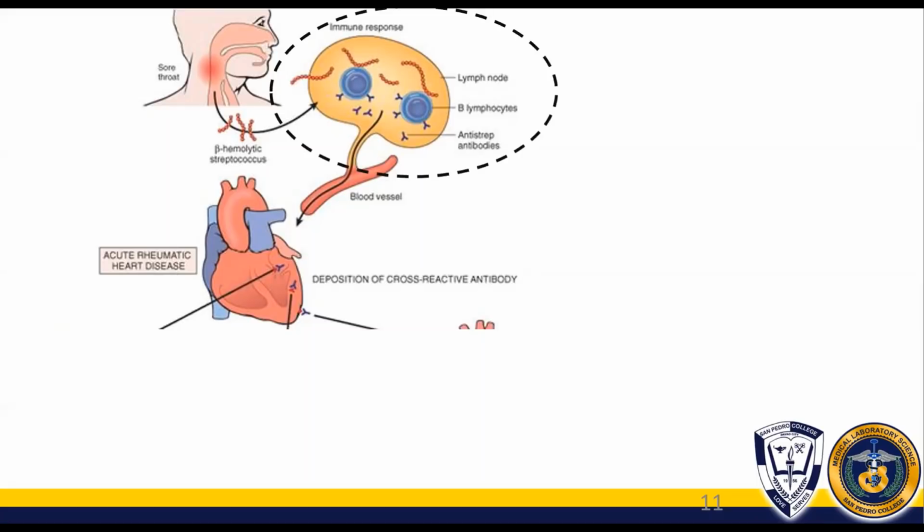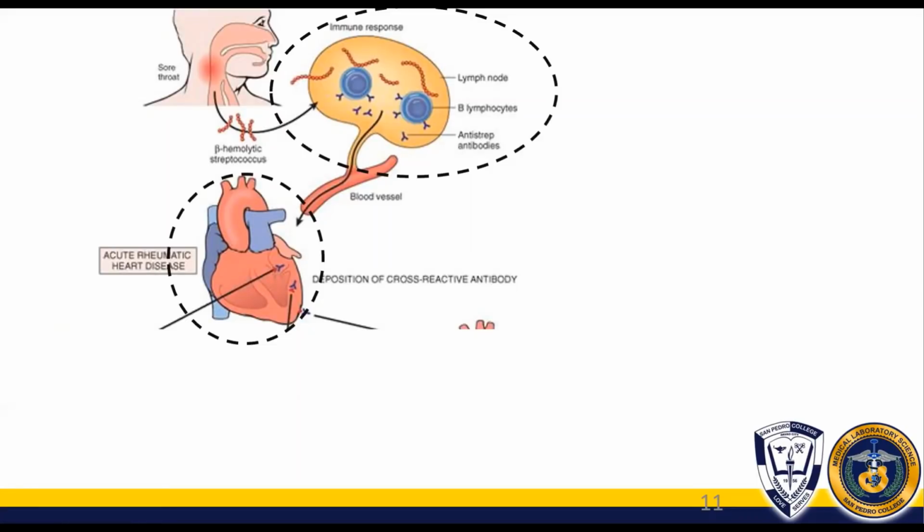So the streptococcal antibodies produced, no, they are found in our blood, no, they will enter our bloodstream. They will travel to the different organs of our body through our blood, and they may potentially be deposited in our heart tissues.